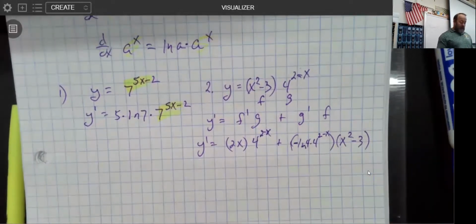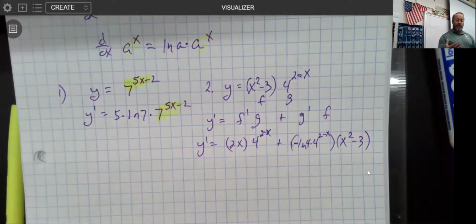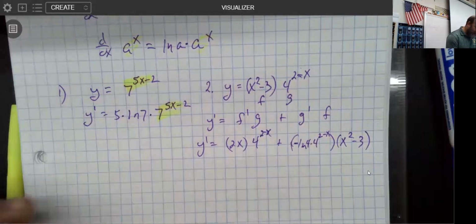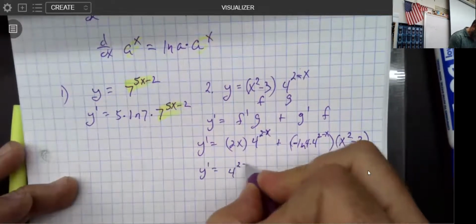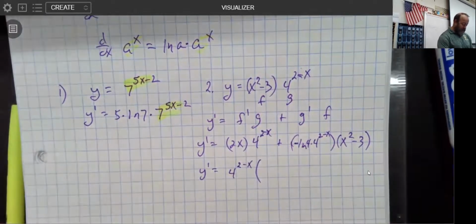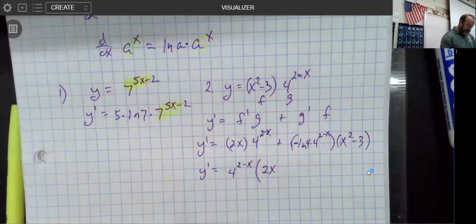Now, that is, in a sense, the whole story, but one thing that is nice to do at times is to recognize that in these types of problems, since this 4 to the 2 minus x seems to be repeating itself throughout the question, it's fairly typical for people to go ahead and factor that out. And so we might rewrite the problem as 4 to the 2 minus x times 2x for this first term.